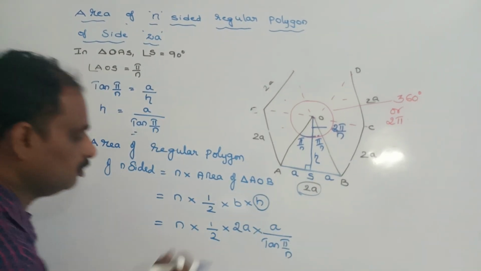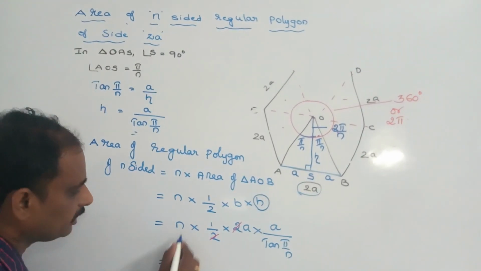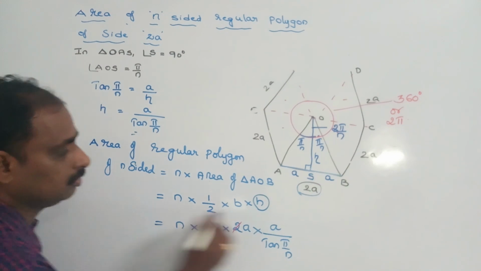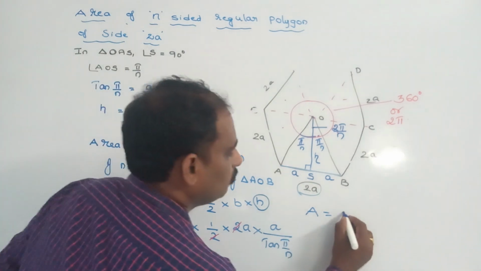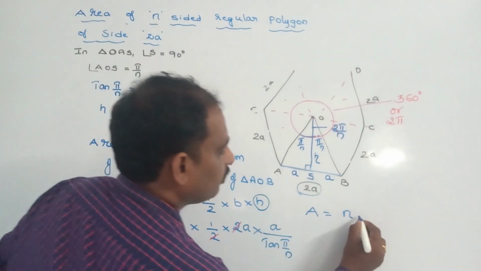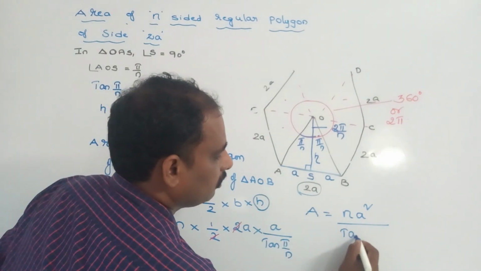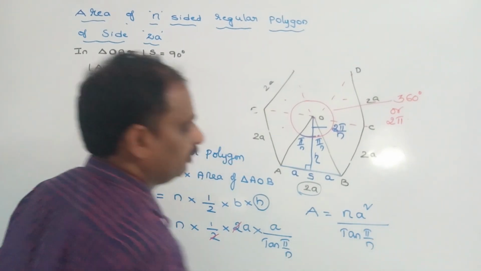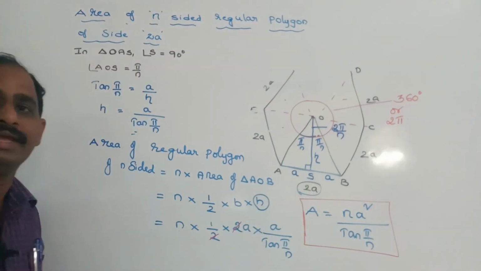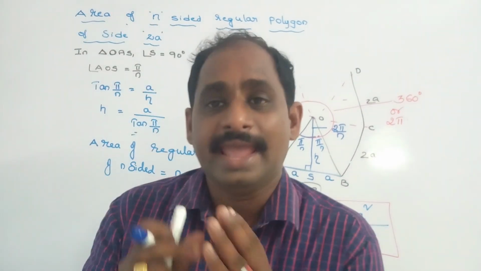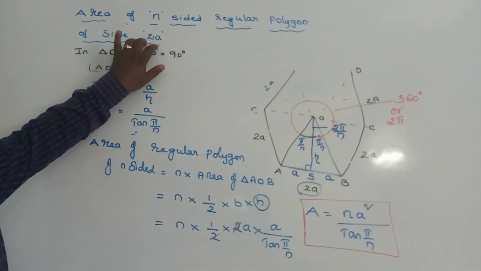So the 2 gets cancelled, and the remaining area is equal to n a squared divided by tan pi by n. So this is the area of a regular polygon of n sides with side 2a.